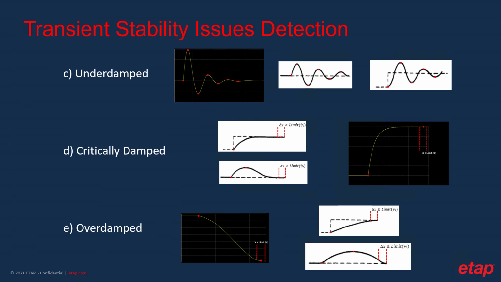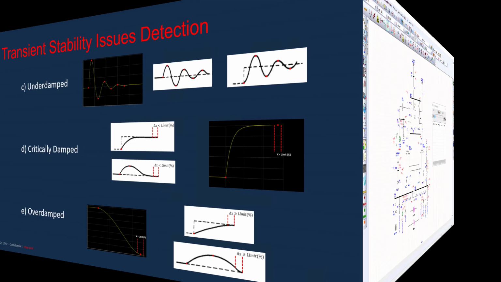For this reason, we've added the capability to the UDM scope plot view to quickly detect some of these conditions after running the studies in transient stability with UDM scopes, or UDM models with UDM scopes, and allow you to analyze the results and take the proper measures in case of any stability issue.